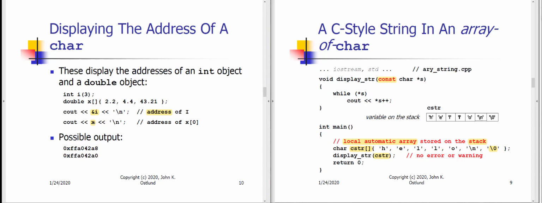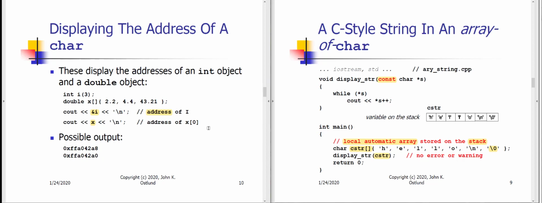And therefore, x itself is the address of the double that contains this value 2.2. And when I display these, I'm going to get some kind of hexadecimal output displayed. The particular values I have here are just for illustration purposes.